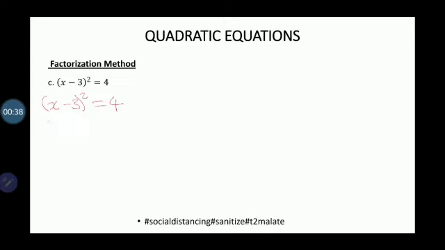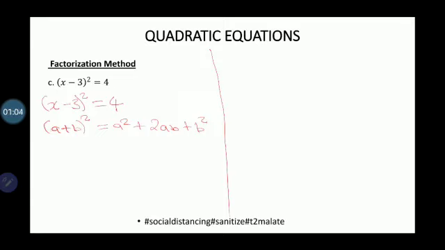I prefer the property (a plus b) squared is equal to a squared plus 2ab plus b squared. I like using that one because it doesn't take up a lot of time. You square the first term, then you multiply 2 times the 2 terms that you've been given in the brackets, then you square the second term as well.